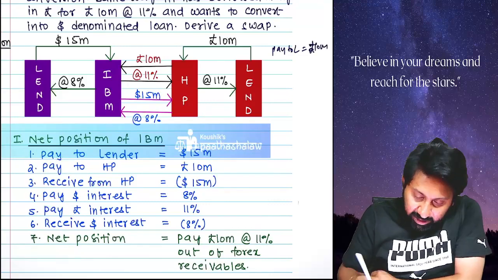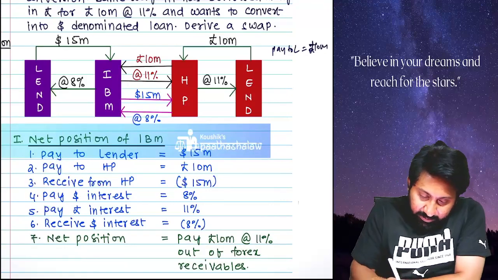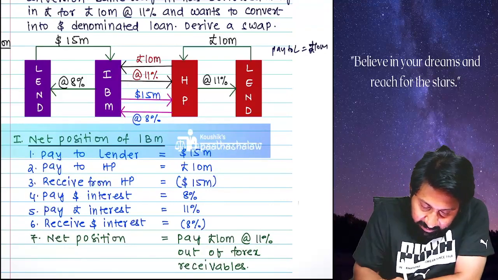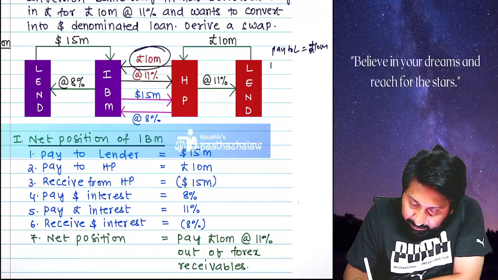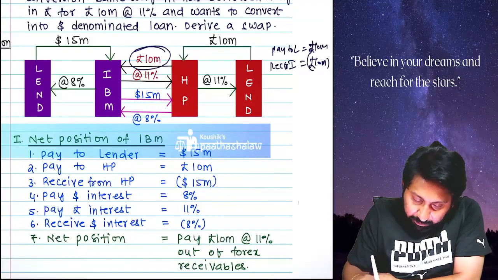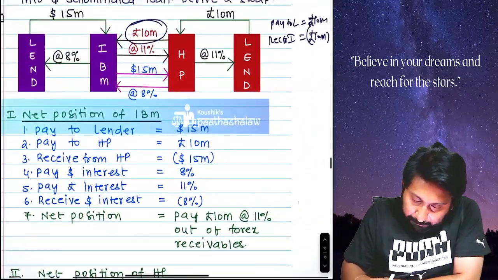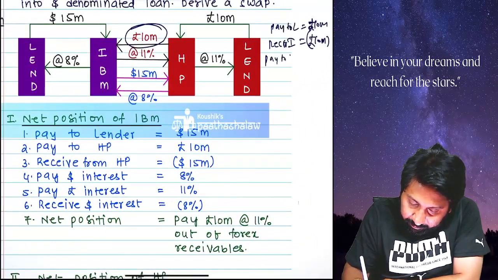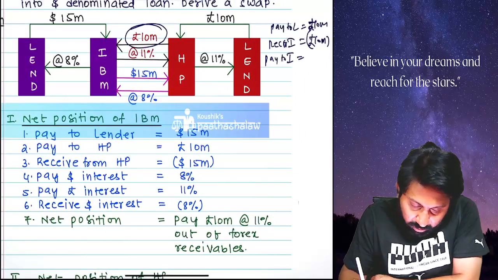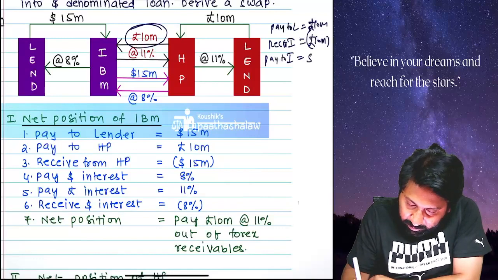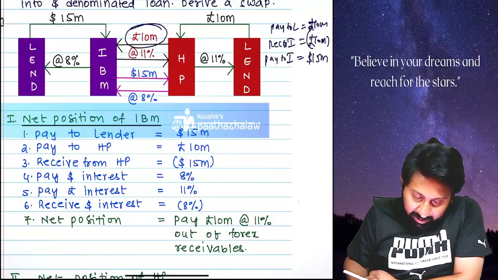Next, receive from IBM, 10 million pounds. Next, pay to IBM, $15 million.